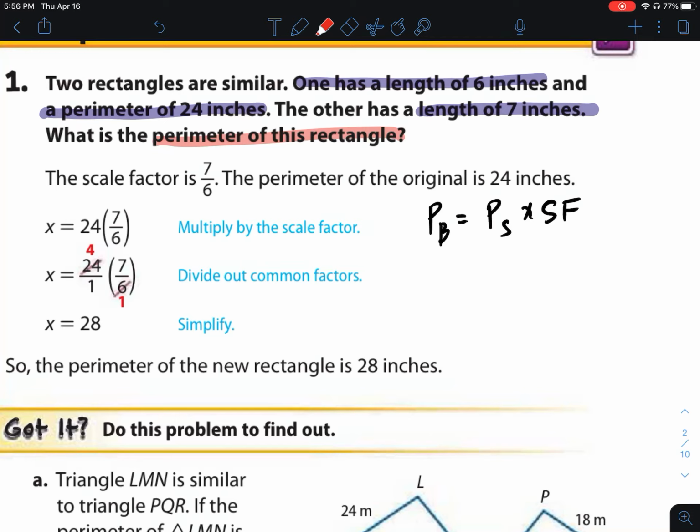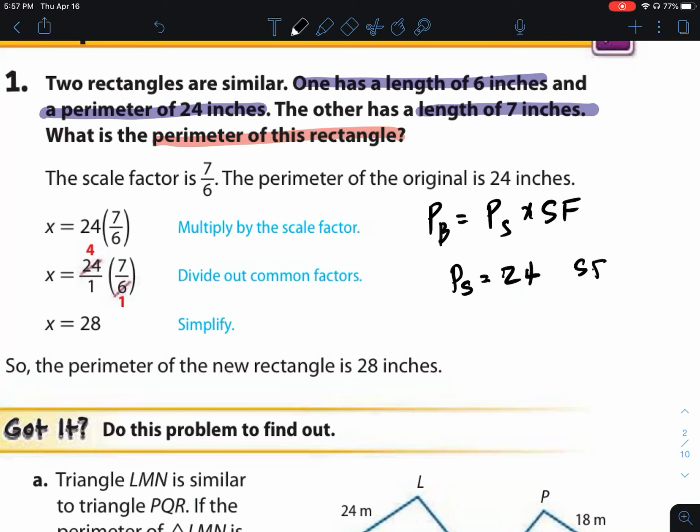So let's analyze this. We know for a fact that the rectangle with a length of 6 inches will be the smaller rectangle, and the perimeter will be the perimeter of the smaller rectangle. So in this case, we know that the perimeter of the smaller rectangle is 24 inches.